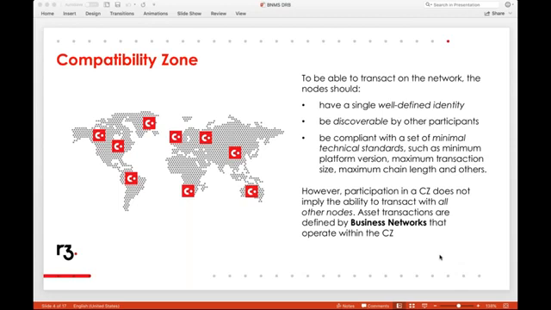One way I describe the Corda network is to think of it as the internet of Corda nodes. You could say, well, for our application, we don't need to be connected to the internet, as it were. And that's true.